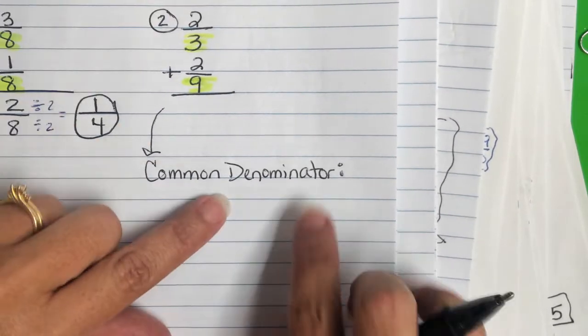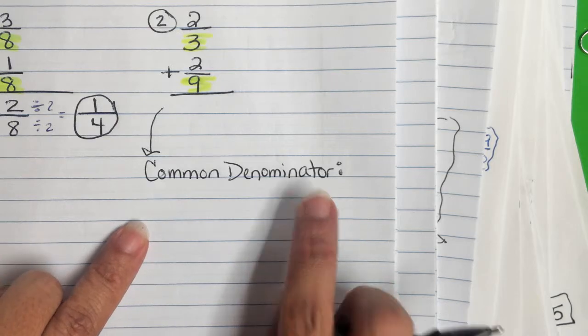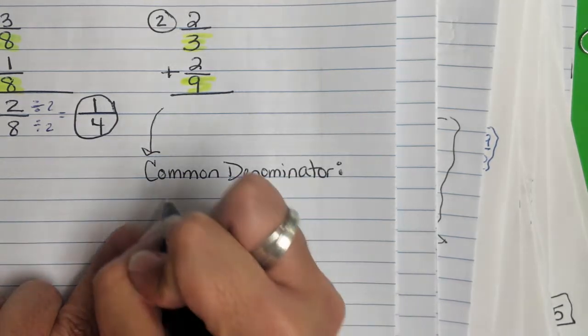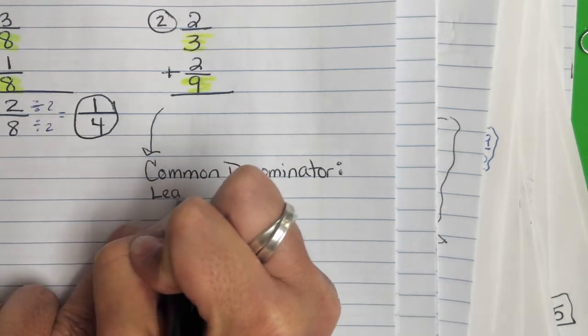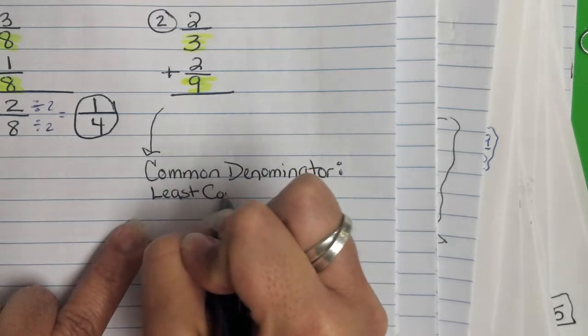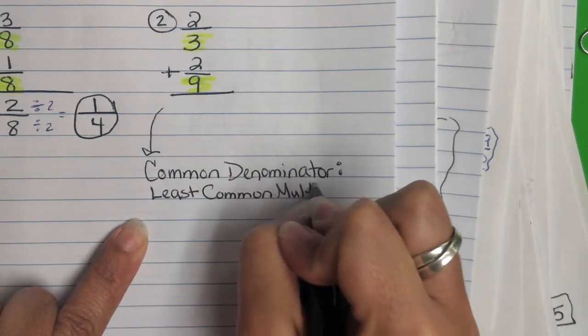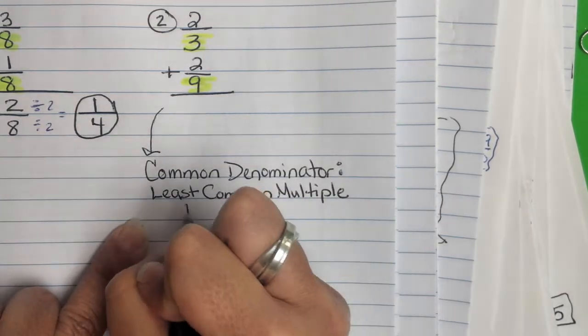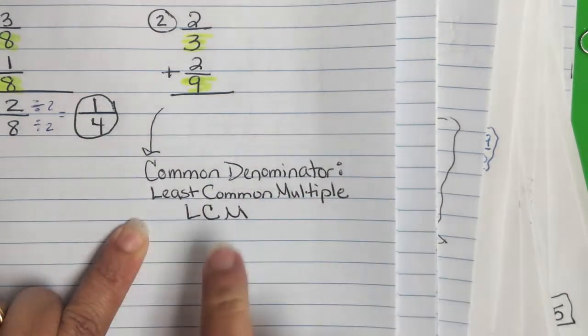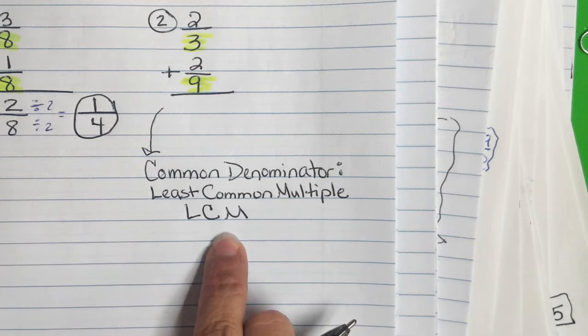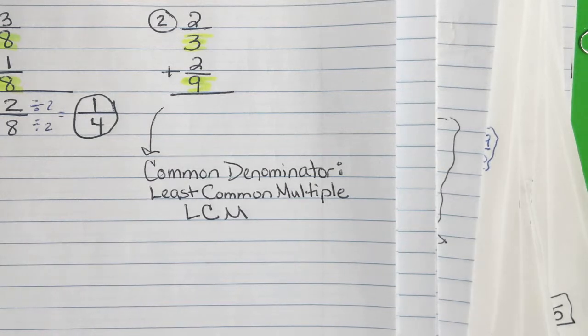A common denominator is created from something officially called the least common multiple, or the LCM. A lot of us have learned LCM and GCF. LCM is what we use to find a common denominator.